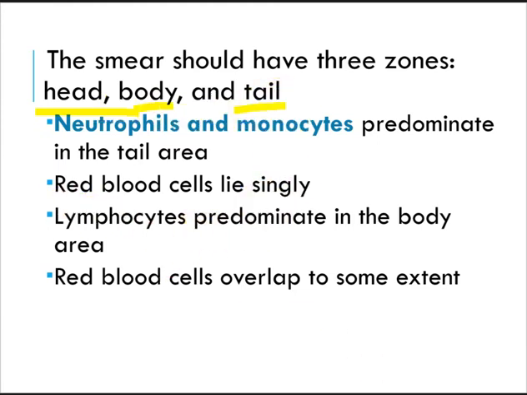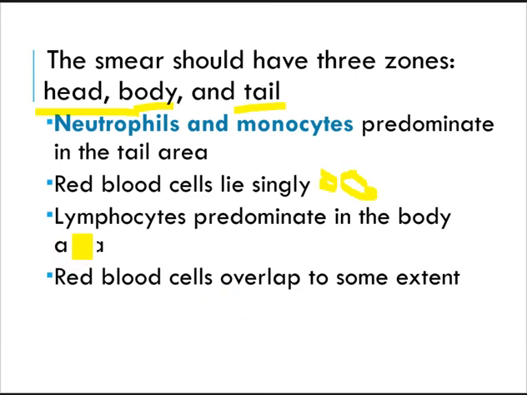So take note, neutrophils and monocytes, your WBCs, predominate in the tail area. Red blood cells lie singly, so they are spread out, okay? Lymphocytes predominate in the body area, and then red blood cells overlap to some extent.